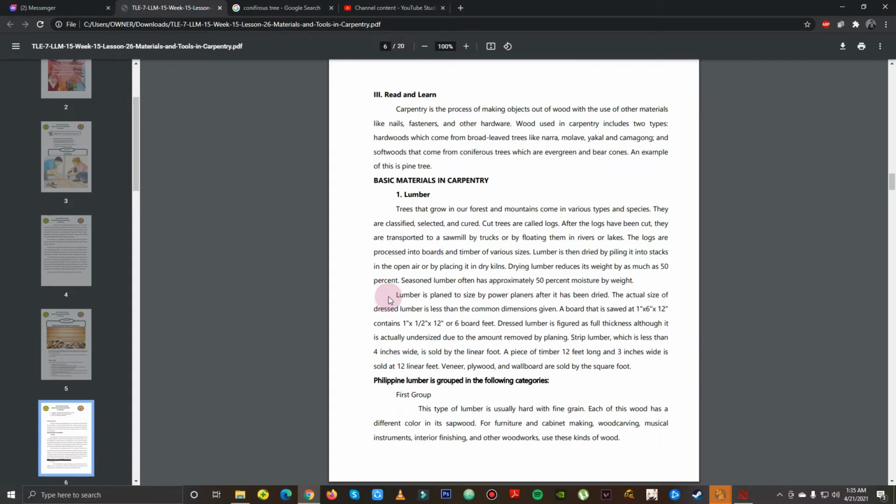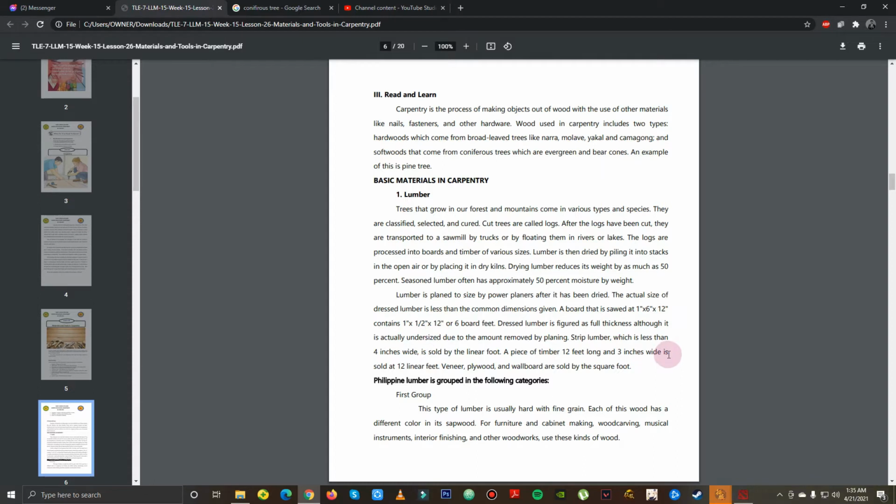Okay? Lumber is planed to size by planers after it has been dried. The actual size of dressed lumber is less than the common dimensions given. A board that is sawed at 1 by 6 by 12 inches contains 6 board feet.